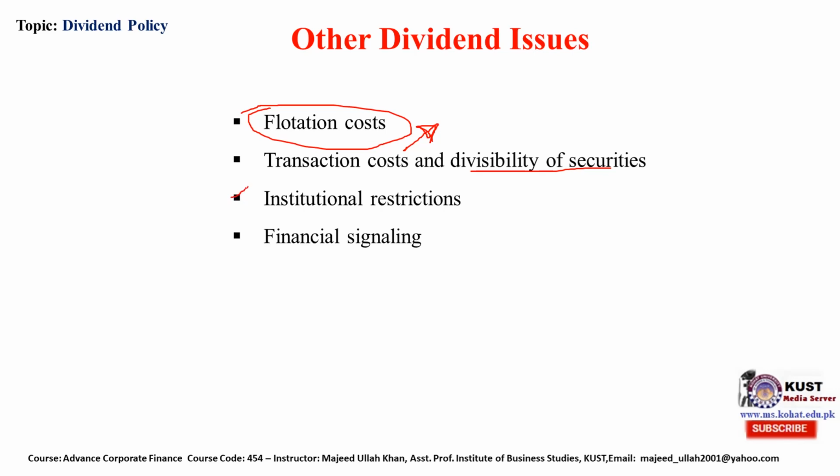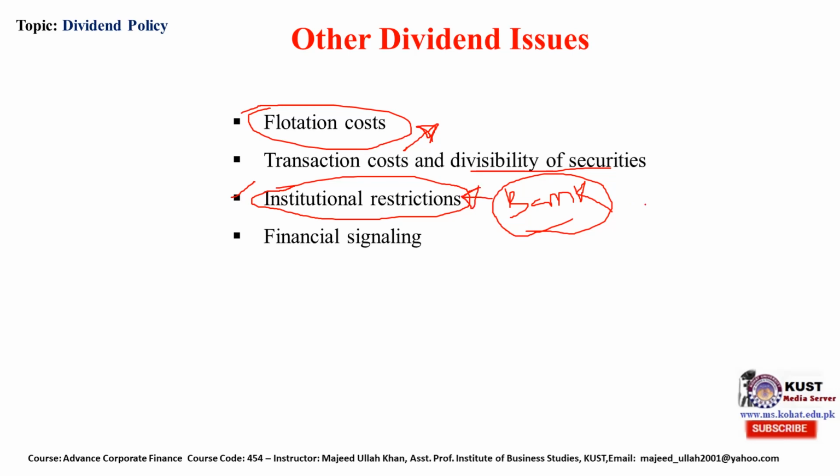Institutional restrictions: sometimes the company is restricted by a bank, that the company will not pay any dividend unless and until it meets their strong covenants, such as paying the principal and interest amount first, or keeping the interest coverage ratio up to a certain level, liquidity ratio at a certain level. This type of restriction is put on the company.